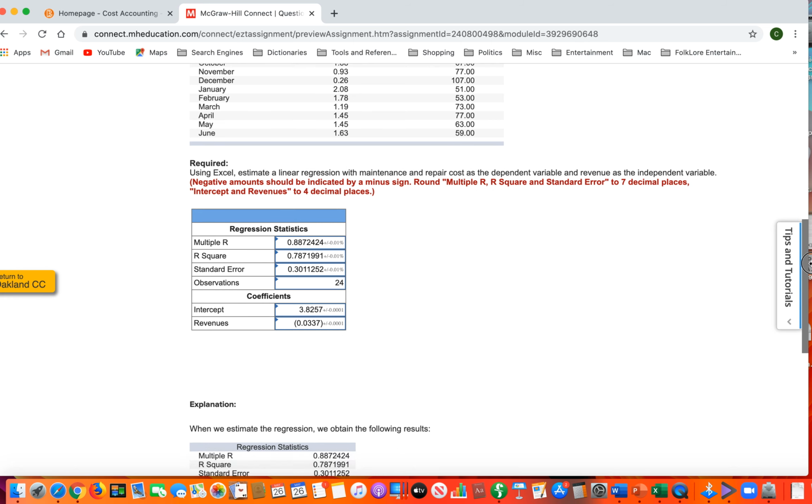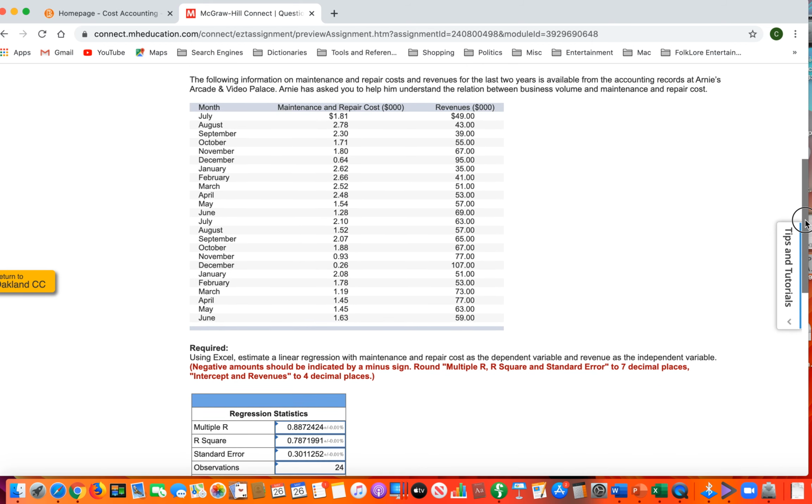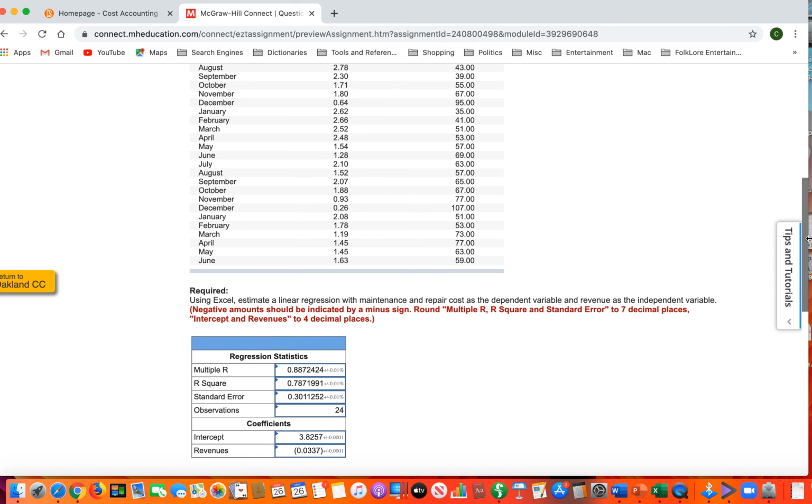And so again, what's the formula? Y equals 3.8257 plus a negative 0.0337 times the amount of revenue. So let's do an example here so you can see how it works.